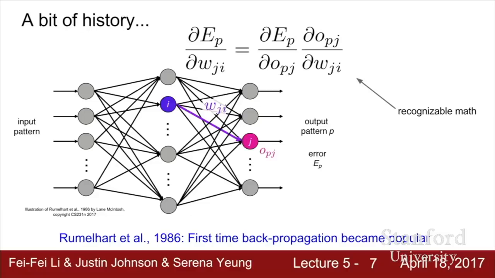And so the first time backprop was really introduced was in 1986 with Rumelhart. And so here we can start seeing these kinds of equations with the chain rule and the update rules that we're starting to get familiar with, right? And so this is the first time we started to have a principled way to train these kinds of network architectures.